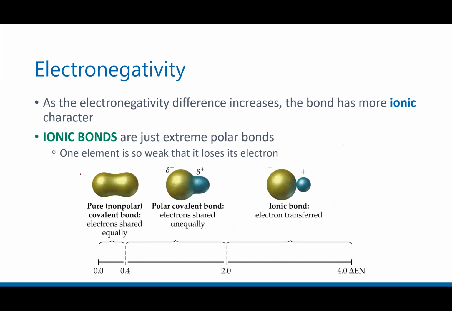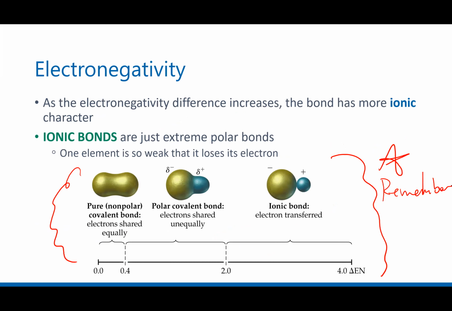And this image here on the bottom of the screen, you have to remember. The idea is, if you are between 0 and 0.4, you would have a nonpolar bond. It's not polar, meaning it doesn't have an extra charge.